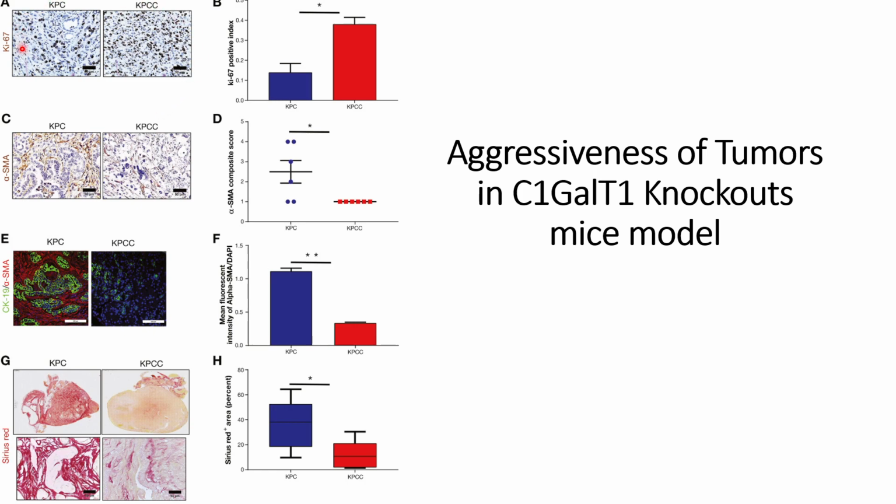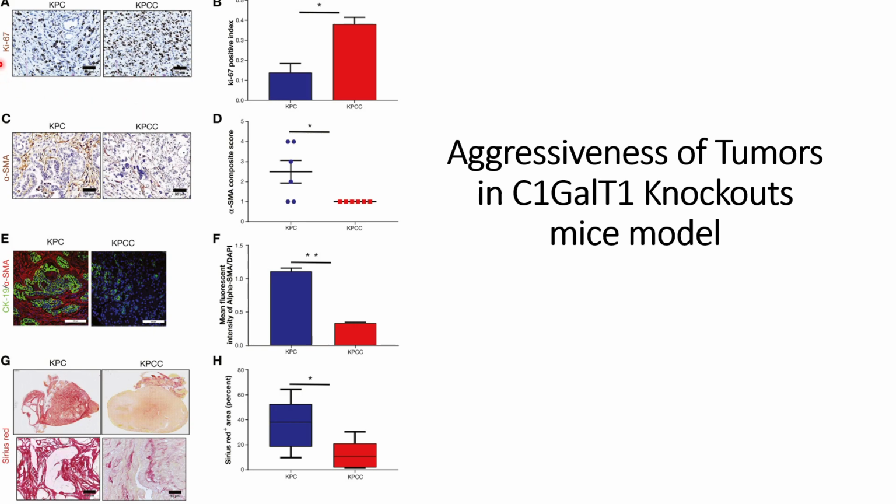Initially, in order to check the aggressiveness or the proliferation of the tumor, Ki staining has been carried out, and we can see that in the case of KPCC, the staining is more prominent compared to the KPC. One more thing we need to know about these results is that the KPC stainings are done at a later stage, around 20 weeks, whereas the KPCC stainings are done at around 10 weeks. So this indicates that in the case of the C1GalT1 knockout, the proliferation of the tumors is much faster.